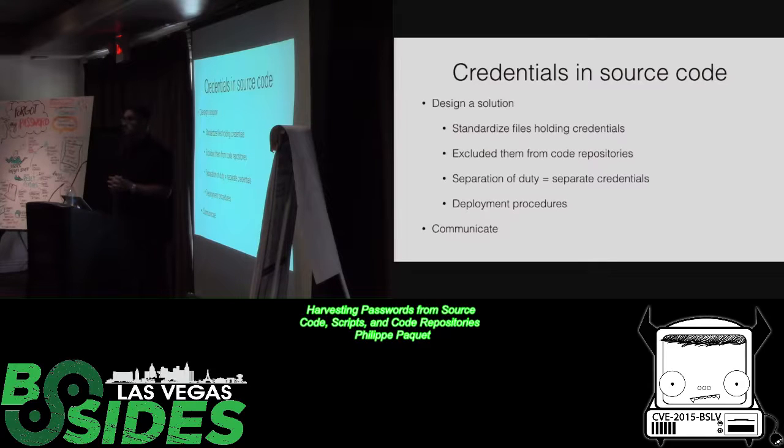But you cannot go to them without a full solution. And that full solution includes involving the IT team or the technical operation team. Everybody needs to know how that's going to work. You go to the developer, you educate them, you say, okay, we're going to put those credentials in properties file. Properties file are going to be excluded from the depot. Now that's done on the developer side.